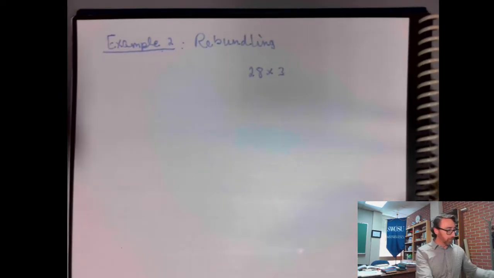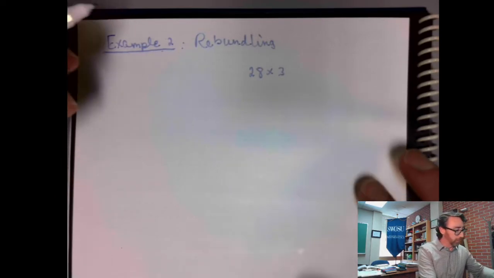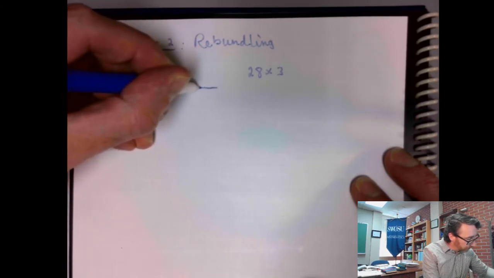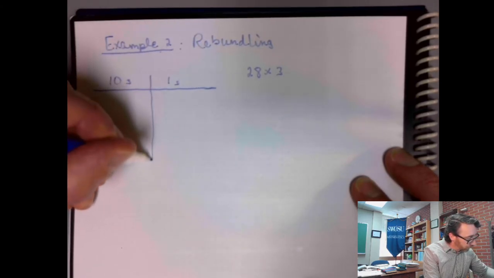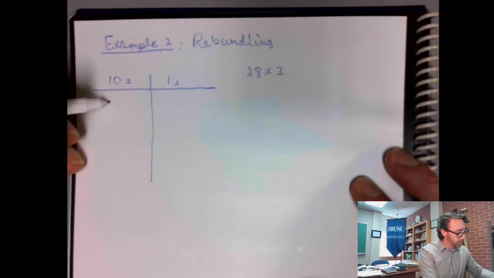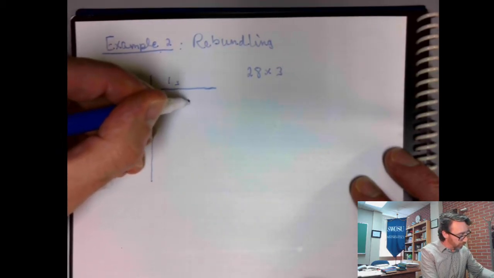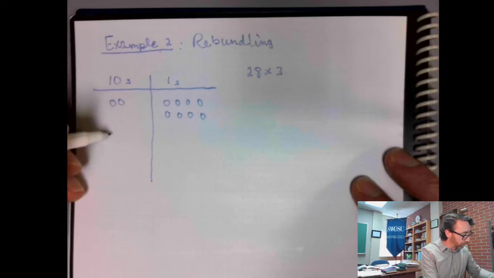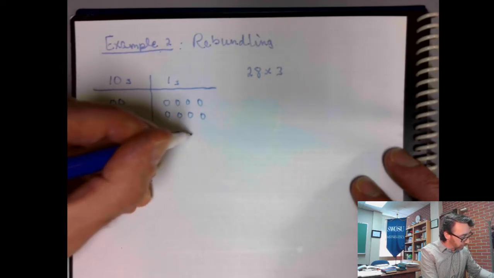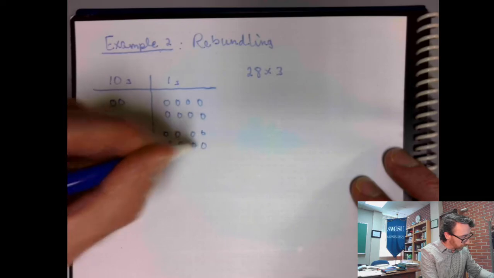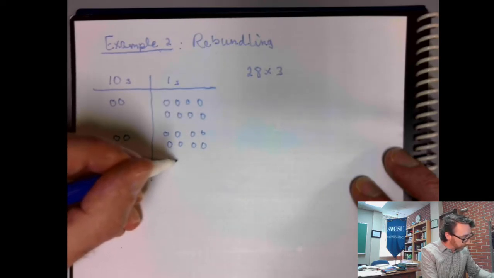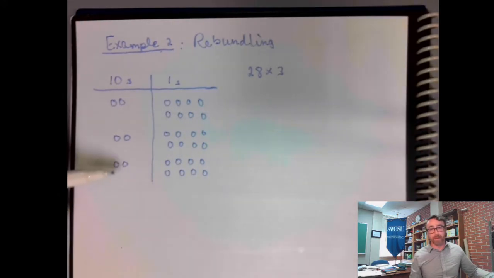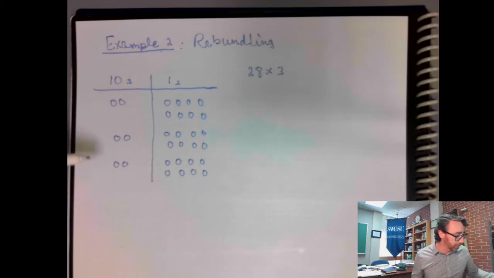We can start by illustrating with the chip model with tens and ones. So we're going to put in 3 groups of 28. So 1, 2, 3, 4, 5, 6, 7, 8. That's one group of 28. 1, 2, 3, 4, 5, 6, 7, 8. There's our second group. And finally, our third group of 28.